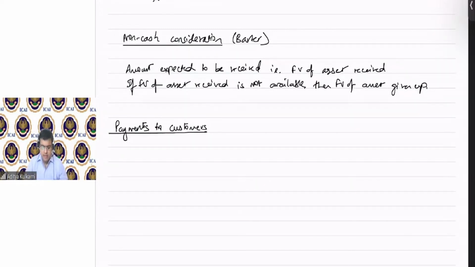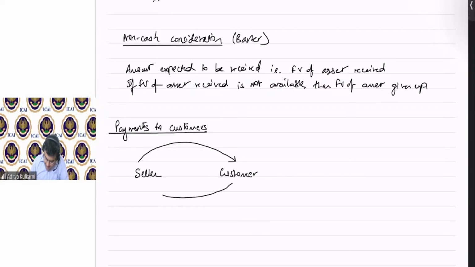Payments to customers. Now, let us understand this with the help of an example. Ideally, I have a seller and a customer. The seller sells goods to the customer, and in return, the customer pays money to the seller.